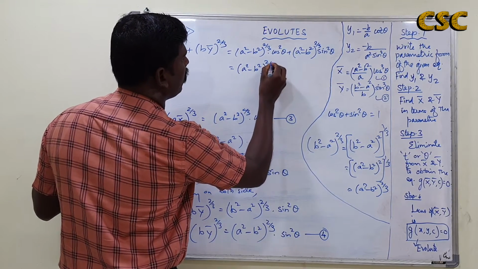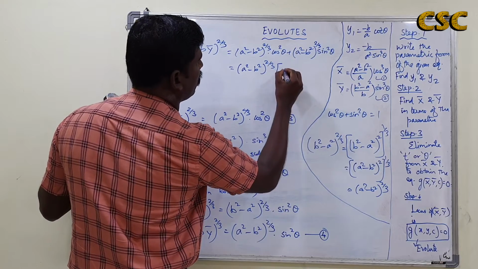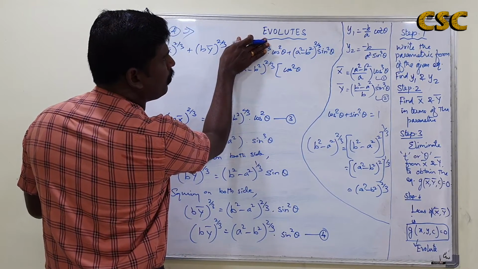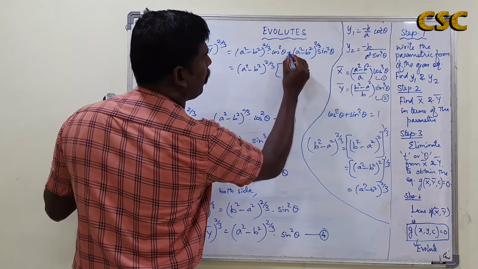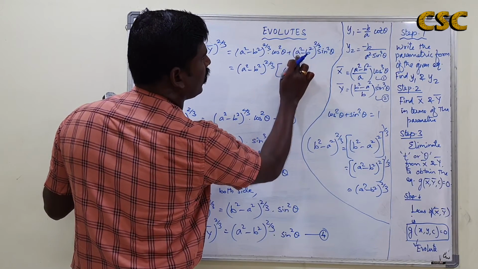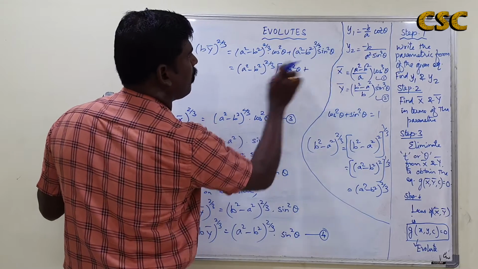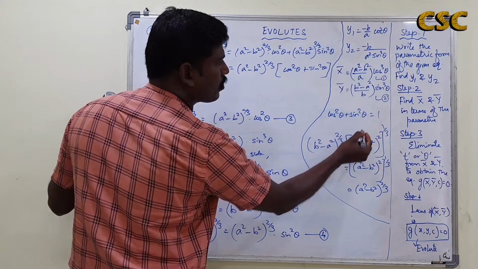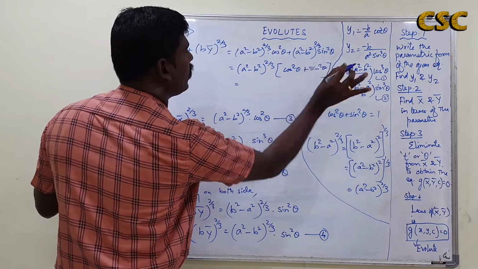So we can take it as common from the right hand side. So what is remaining in the first term? After taking (a square minus b square) the whole power 2 by 3, cos square theta is remaining, plus here also we can take (a square minus b square) to the power 2 by 3 as common, so sin square theta is remaining. What is the value of cos square theta plus sin square theta? It is 1, so we can leave it.